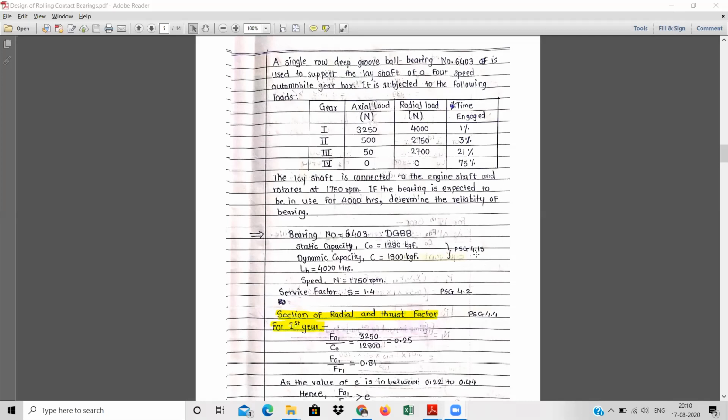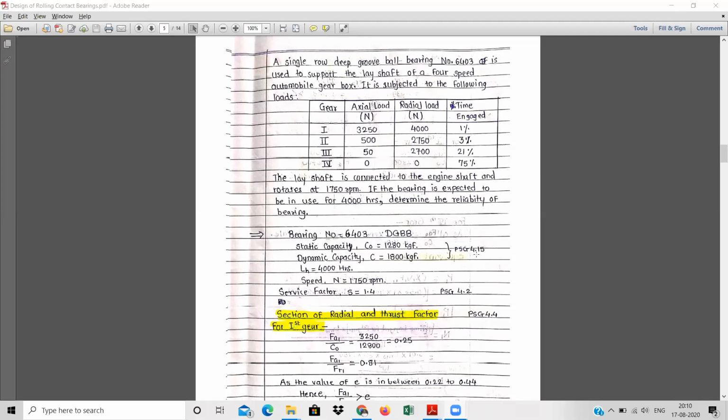इसका मतलब क्या है कि हमें जो साइक्लिक लोड कंडीशन दिया है, तो उसमें जो बेरिंग सेलेक्ट किया है वो 6403 है, जो 1750 आरपीएम में रोटेट होने वाला है, और इसका जो एक्सपेक्टेड लाइफ दिया है वो 4000 आवर्स दिया है. तो हमें उसका प्रोबेबिलिटी या फिर रिलायबिलिटी ऑफ दैट बेरिंग फाइंड आउट करना है. मतलब वो कितने परसेंट टिक सकता है, 90%.